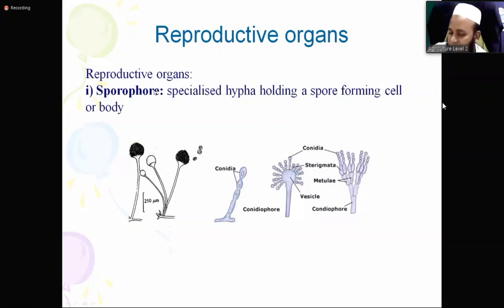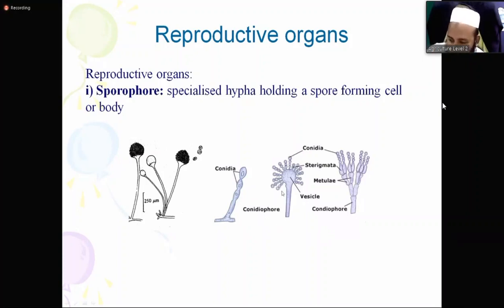Even if they are not spores, if they contain a spore-forming body, this is also sporophore, because their spores will grow. So here these are the sporophores. Here another thing you can see, conidiophore.